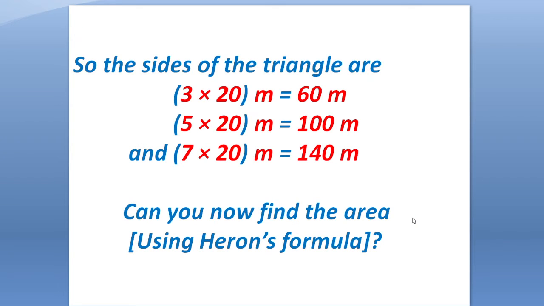Now put x is equal to 20. So the sides of the triangle are 3 into 20 meter, that means 60 meter, 5 into 20 meter is equal to 100 meter, and 7 into 20 meter is equal to 140 meter.